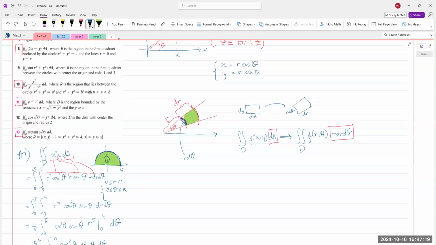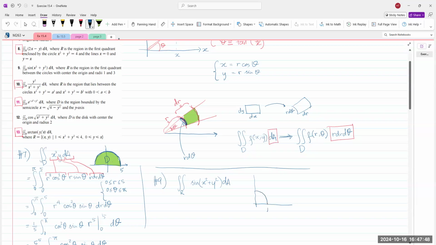Number 9. We have the double integral over domain R of sine of x squared plus y squared dA, where R is the region in the first quadrant, between circles centered at the origin with radius 1 and radius 3.